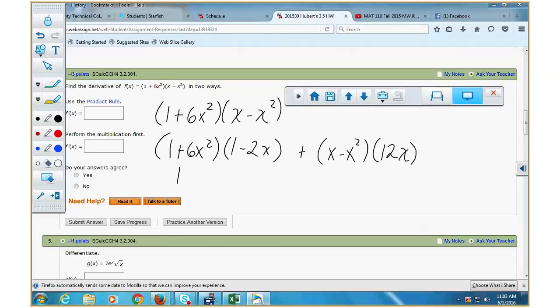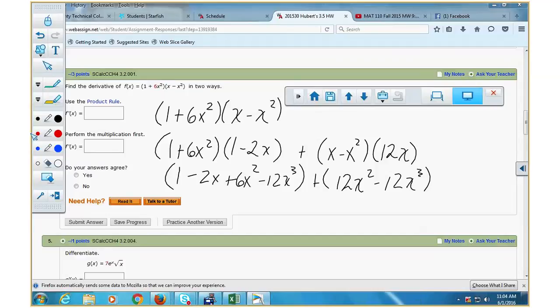That's going to be minus 2x plus 6x squared minus 12x to the third plus 12x squared minus 12x to the third. Y'all check me. Yeah, you're right. It looks like we're going to get something to cancel out. Maybe that.